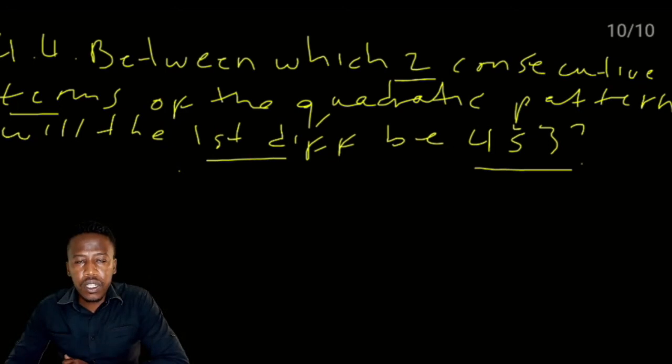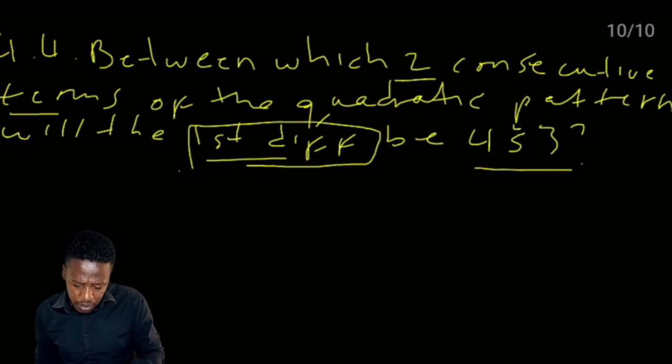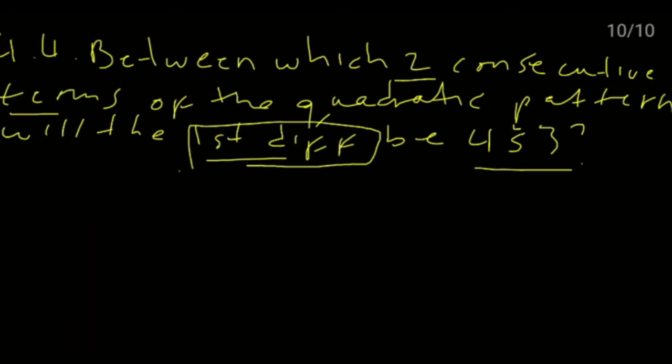You need to check the type of question that is posed to you. Now they say the first difference, meaning whatever equation that we are going to use, it must be a linear equation or an arithmetic equation, right?